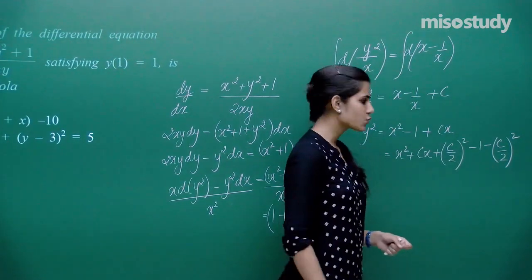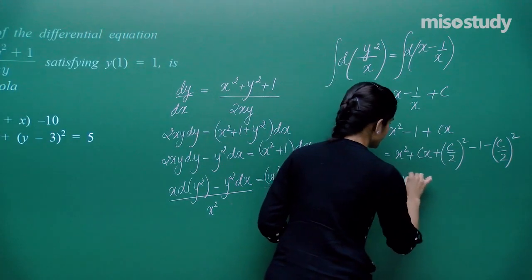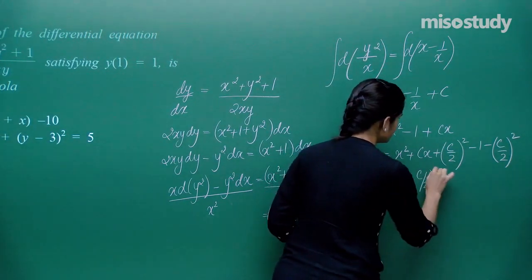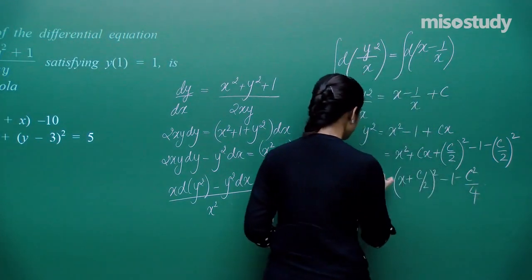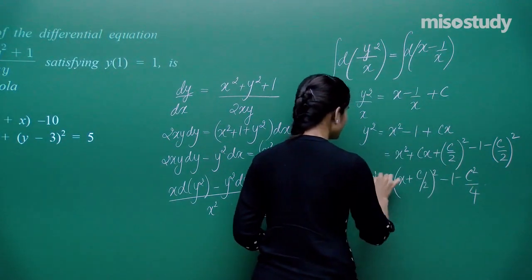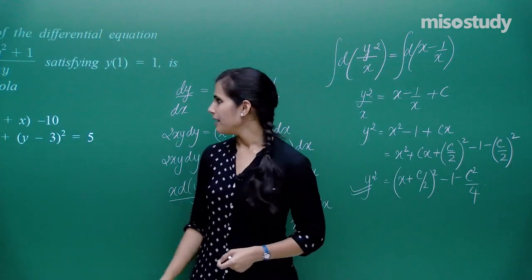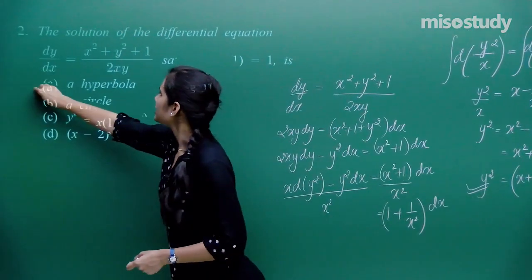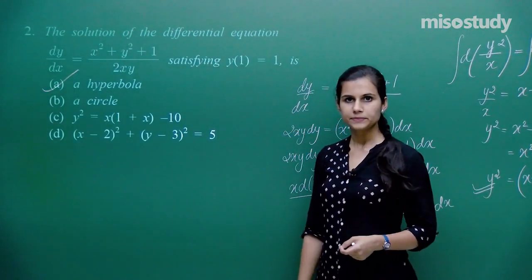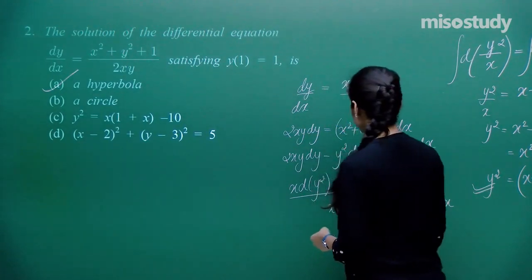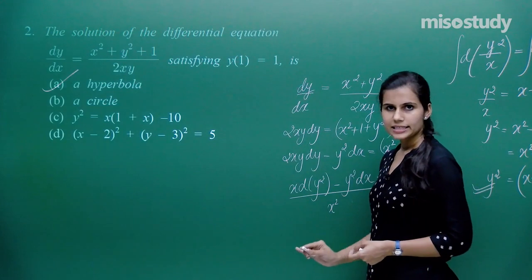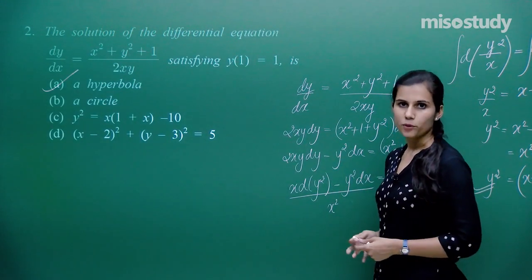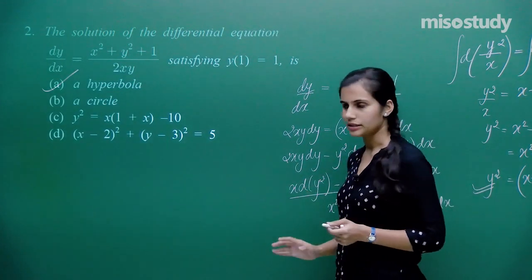I am just completing the square. This is x plus c by 2 whole square minus 1 minus c square by 4. This obviously is representing a hyperbola, and therefore the solution is basically a hyperbola. Clear? That's how easily, just by the usage of this particular formula, that d of y by x is x dy minus y dx upon x square, I was able to accomplish the result.